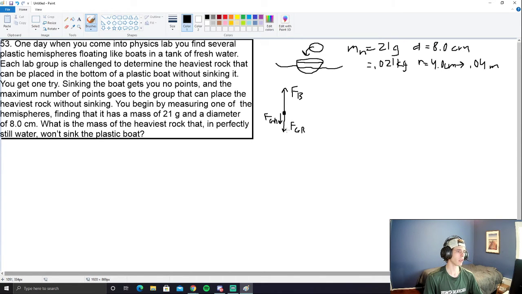So in theory, these two should add up to be equal to the force of buoyancy when you have the maximum mass for your rock. So we can also write that out as force of buoyancy is equal to the force of gravity on our hemisphere plus the force of gravity on our rock.